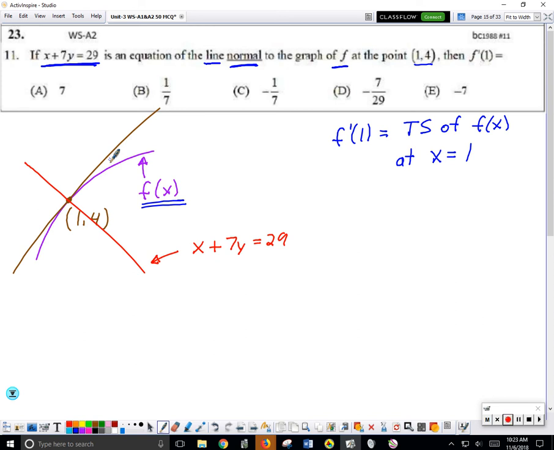Hands up if you know how to find the slope of the red. How do you find the slope of the red? Weston? Put it in y equals mx plus b. Smart method.